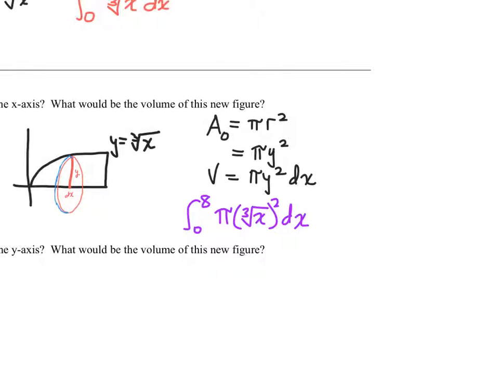All right. So that's what we would be using to compute the volume of this solid. Which is pretty easy to do. I mean, it's just antiderivative, plug and chug, call it a day.